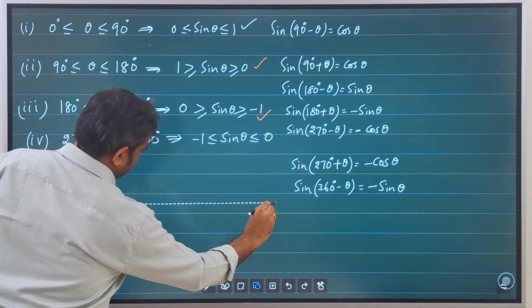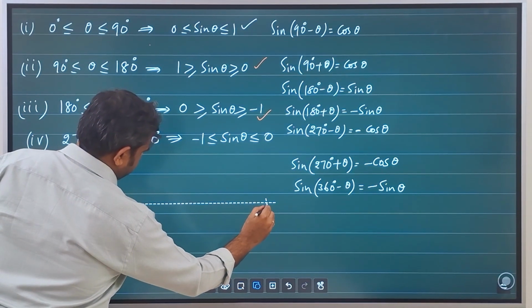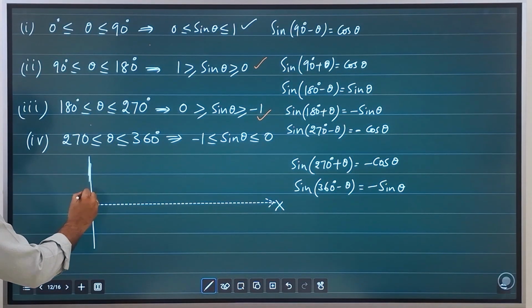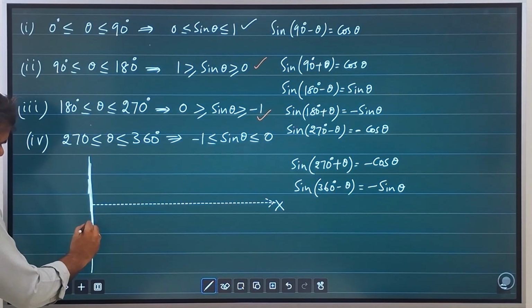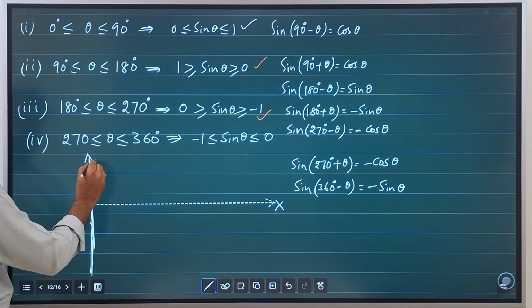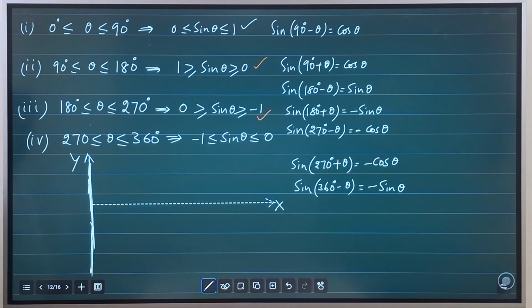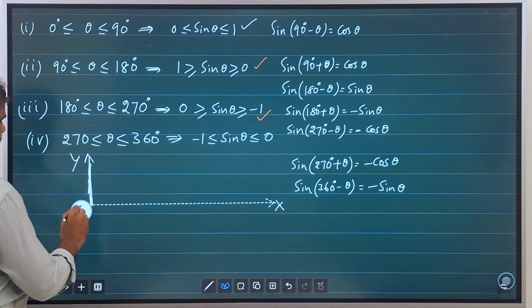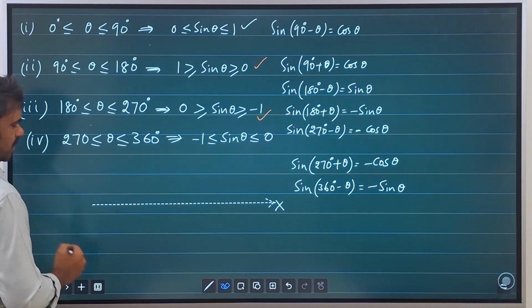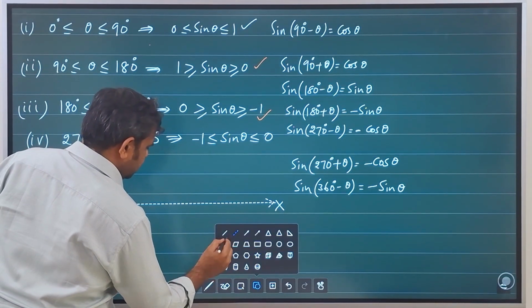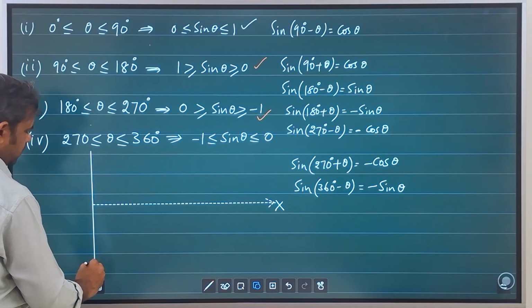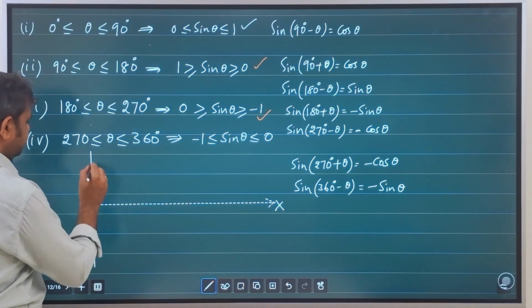Let me say this is the x-axis, and here is the y-axis. On the y-axis, I'll take the values of sine theta, and on the x-axis, I'll take the values of theta.